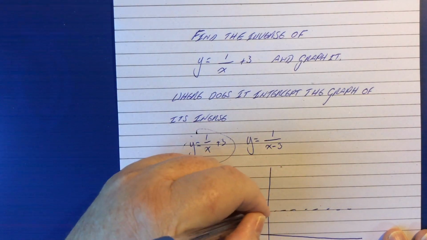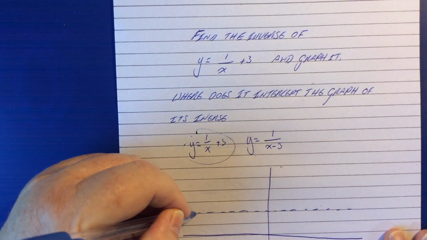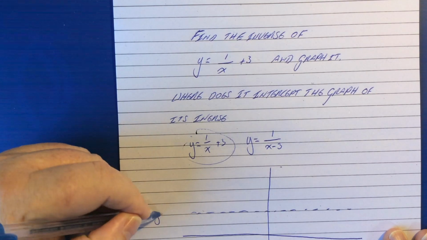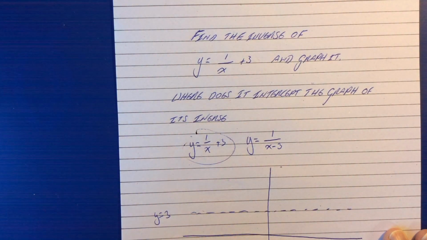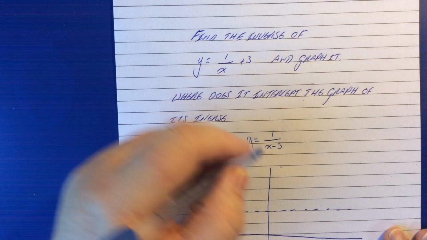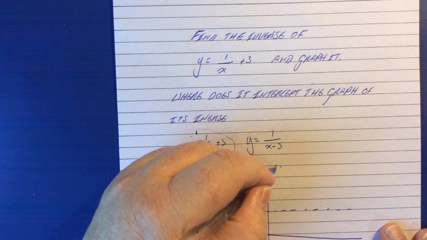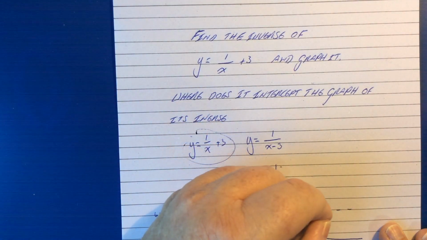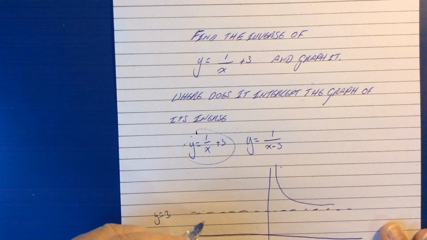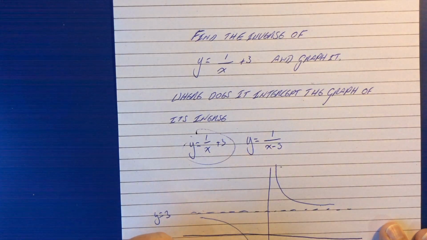This is not to scale, please note. This is y equals 3. And this is a positive hyperbola, so it looks like this. And this part of it looks like this.